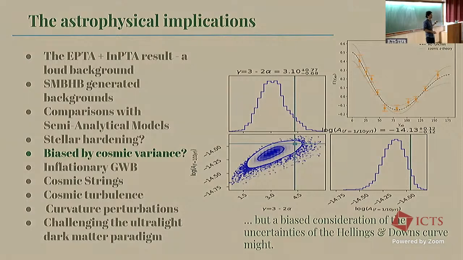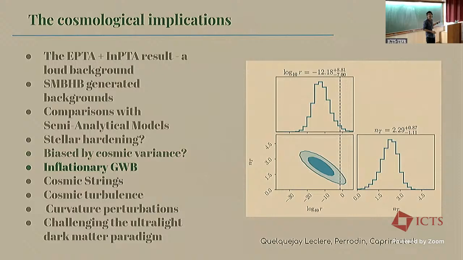So naturally, and as you've just heard in the morning lecture, the natural question to ask is, what about other sources of backgrounds? Cosmological sources are fantastic backgrounds, especially at nanohertz frequencies as well. So in the EPTA DR2 data set, we also tried to fit for cosmological backgrounds.